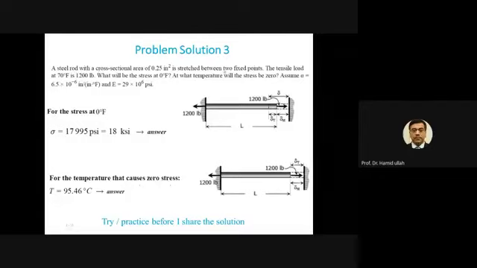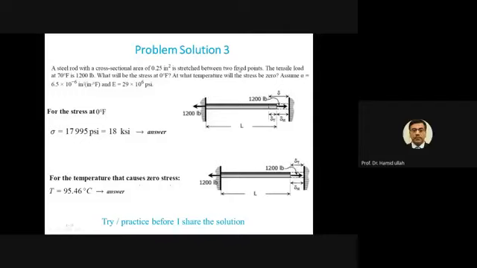Cross section area is given like in the previous one. It is stretched between two fixed points. On the left side there is tensile load, and on the right side there is tensile load, so because of this tensile load, this steel rod is stretched.